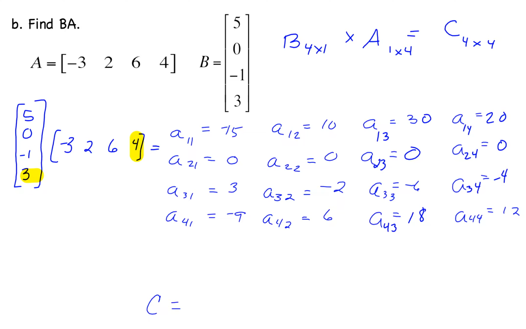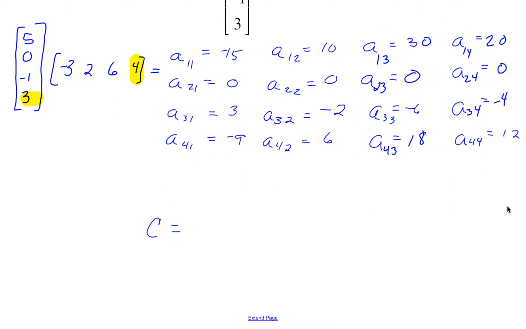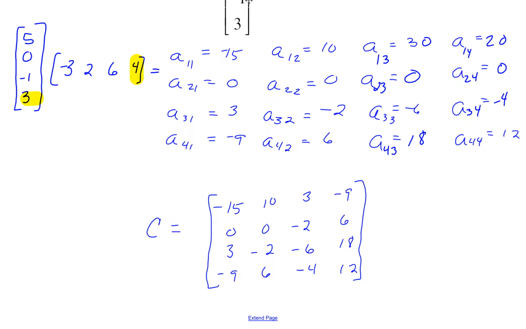There we go. So now all we have to do is put all of these in a matrix, and I'm going to have some errors in here, I'm sure. So here's our first column, 15, 0, 3, -9. Second column should be 10, 0, -2, 6. Third column should be 30, 0, -6, and 18.